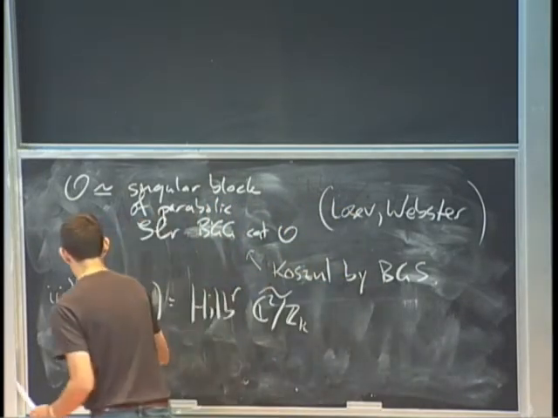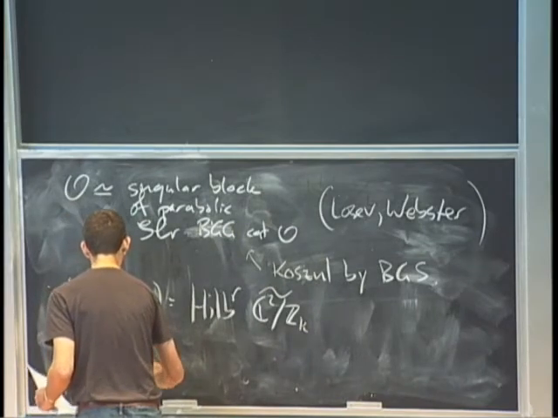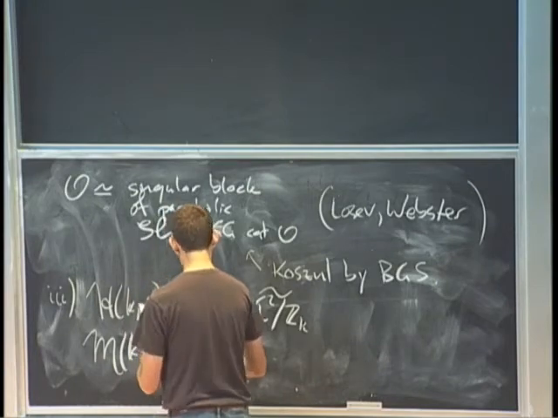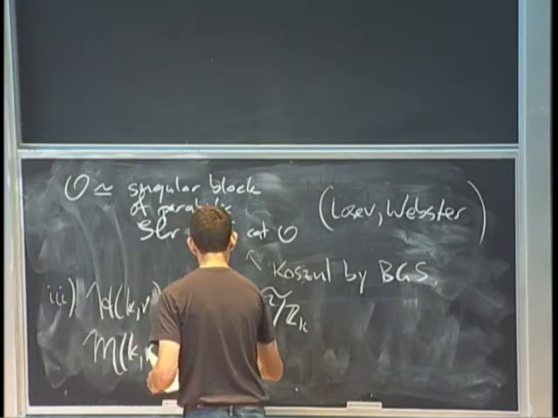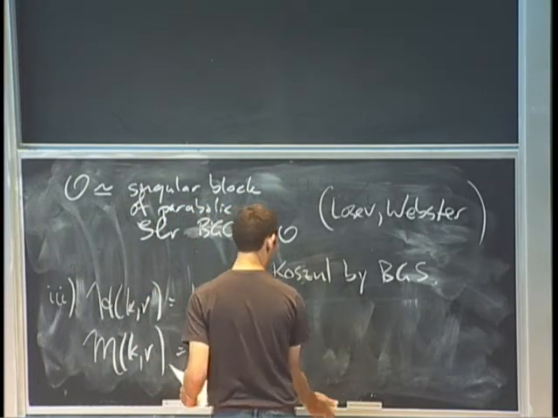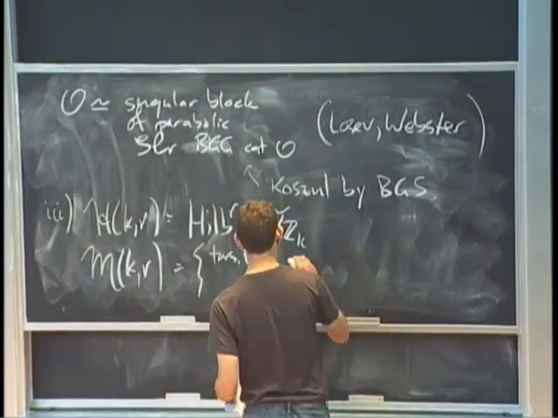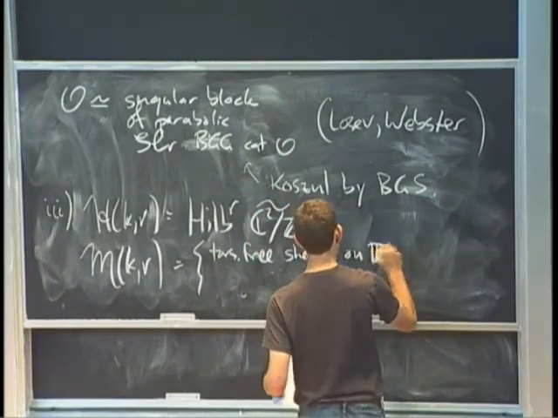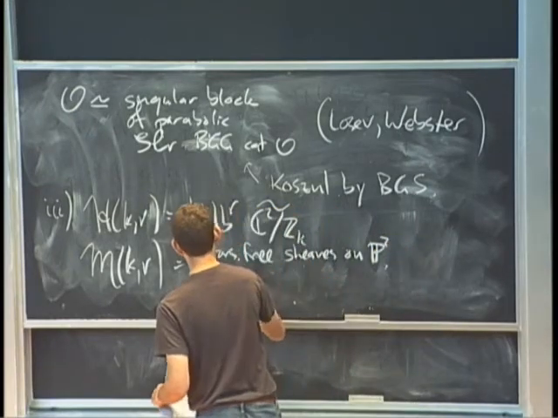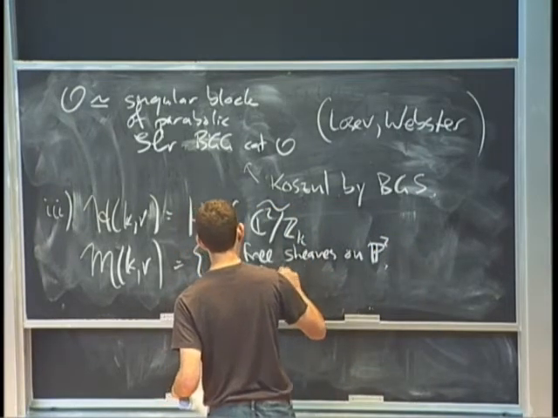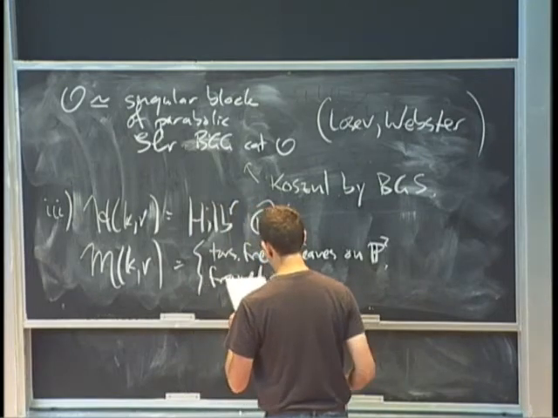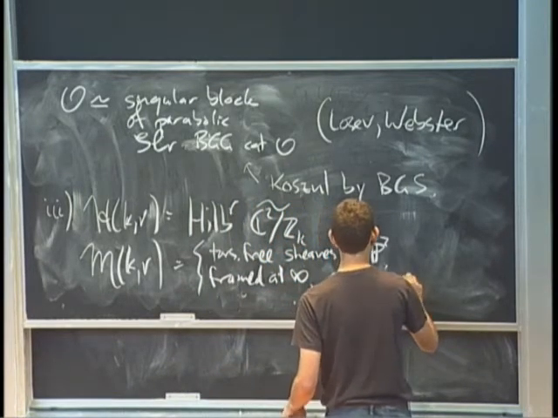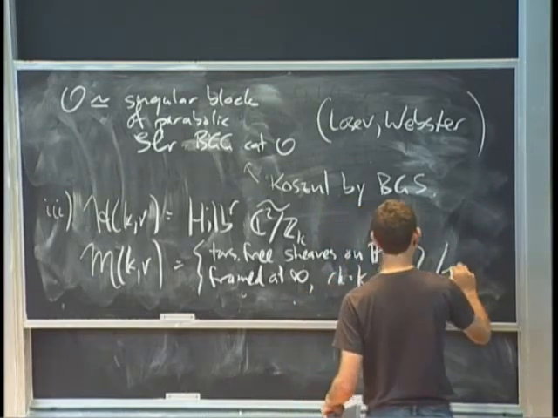And I also want to look at M_{k,r}, which is the space of torsion-free sheaves on P^2 framed at infinity with rank k and second Chern class equal to r, up to equivalence.